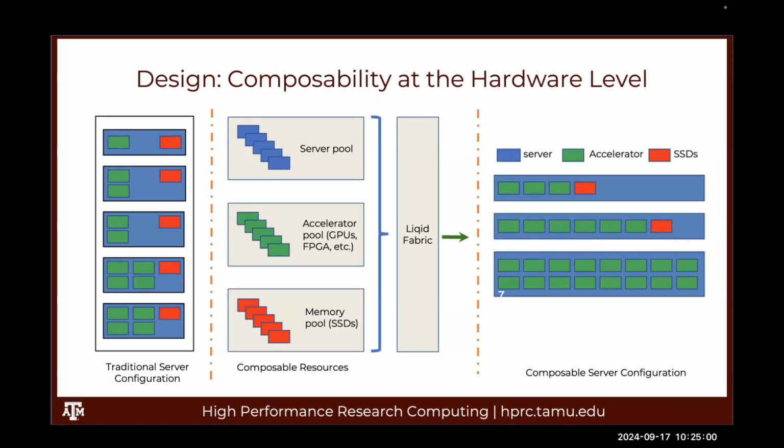Actually, that is our ultimate goal, to let a user compose their nodes. But there are still some technology difficulties to achieve this goal. At this point, it's our system admins who will do some tricks to compose the node for the users. So it's not user level composable yet.